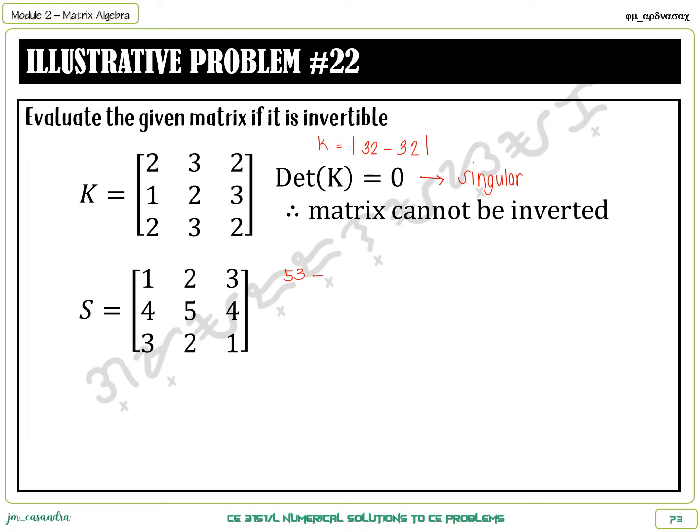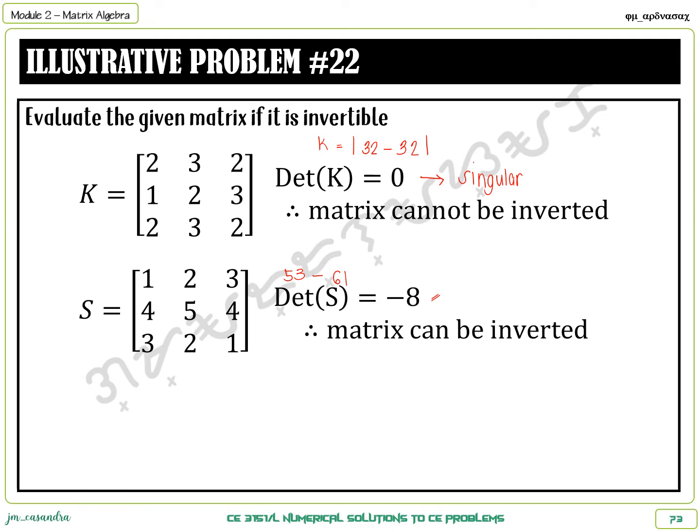Minus 3 times 5 times 3 plus 2 times 4 times 1 plus 1 times 4 times 2, and that is equal to 61. So 53 minus 61 is equivalent to negative 8. The determinant is not equal to 0. Therefore, the matrix S can be inverted.